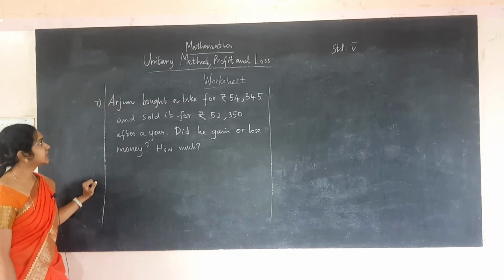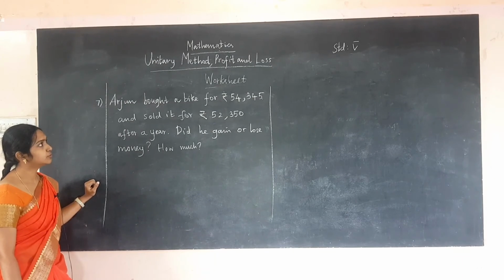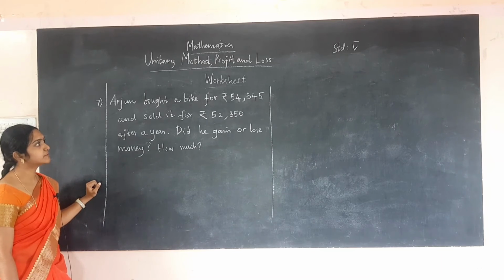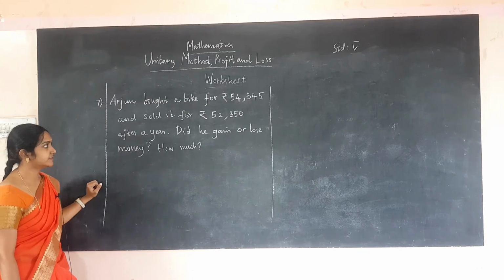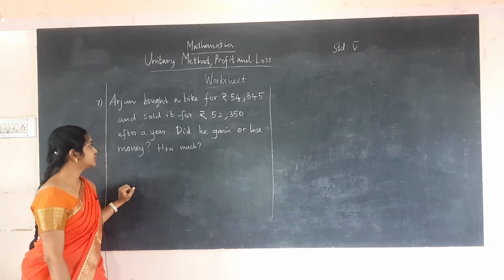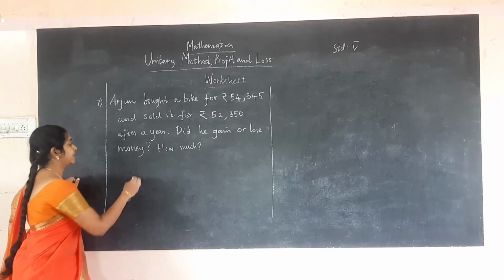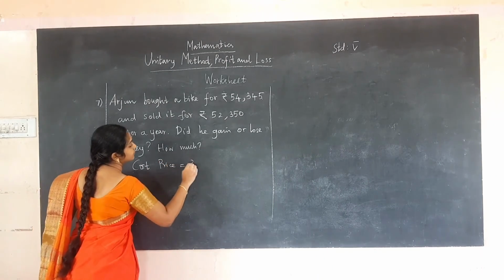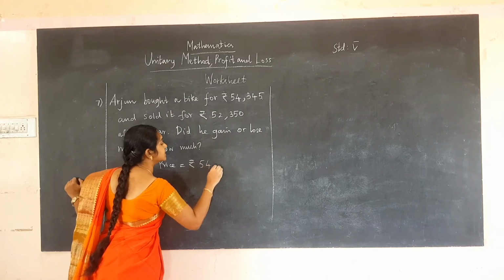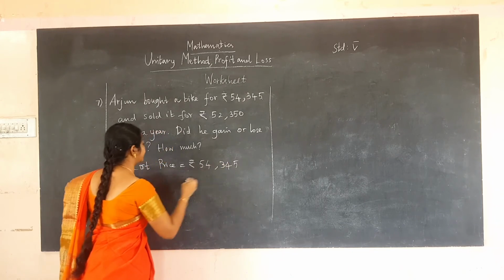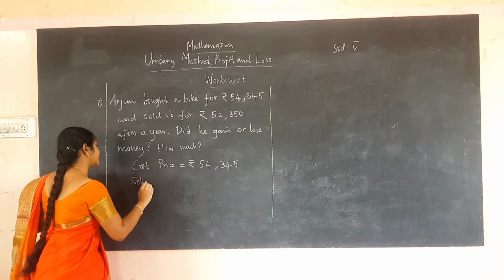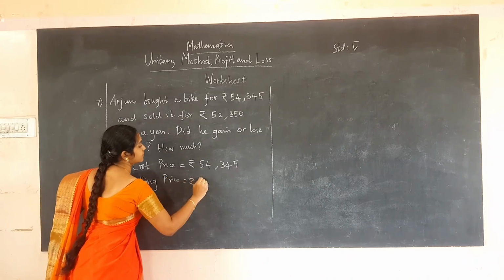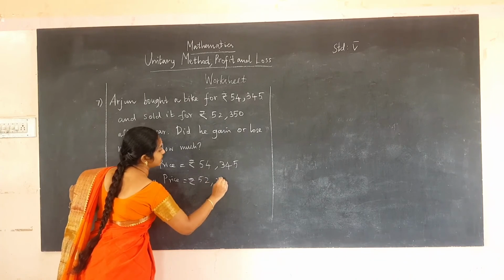The 7th question is Arjun bought a bike for rupees 54,375 and sold it for rupees 52,350 after a year. Did he gain or lose money? How much? Cost price is given as rupees 54,345. Selling price is given as rupees 52,350.